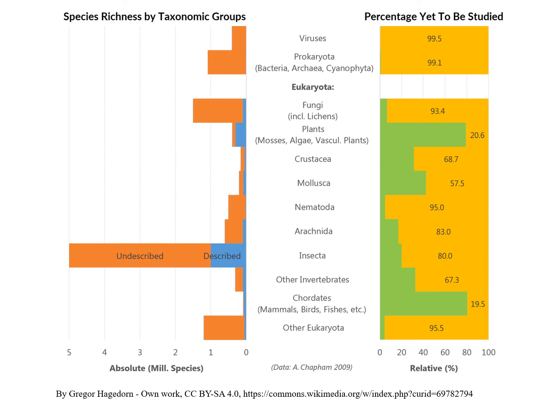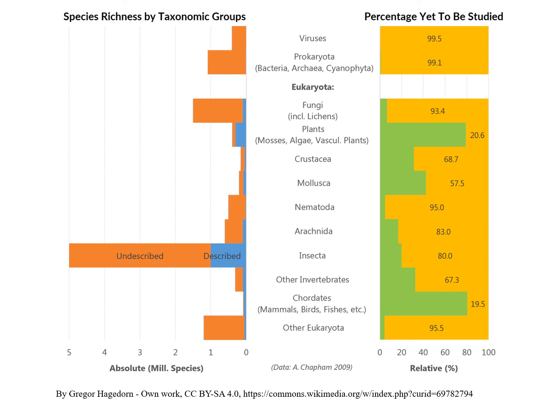Now, part of this gap is due to the amount of time and effort being spent studying the groups. So these come from some recent publications predicting richness and comparing it to what is out there yet to be studied.